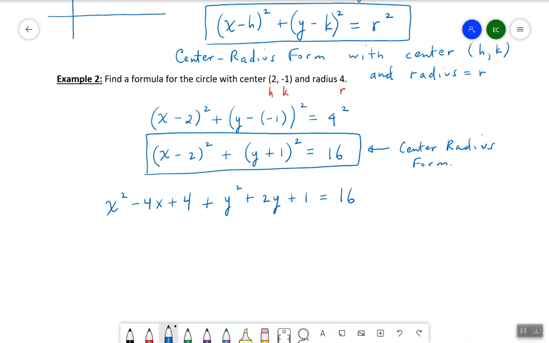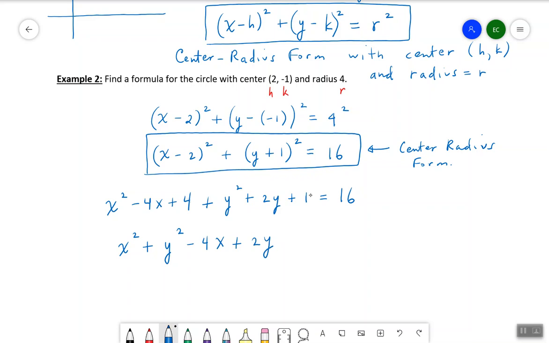And then what we'll do is we'll order the terms from the highest exponent to the lowest, and also in alphabetical order. So we'll start with the x squared, and then we'll put the y squared next. And then we'll put the x to the first, so that'll be minus 4x, and then plus 2y.